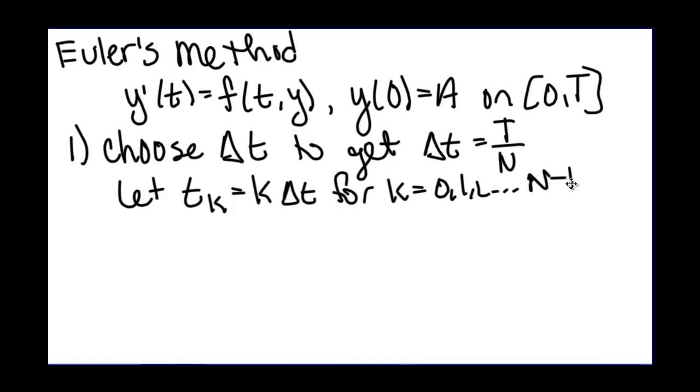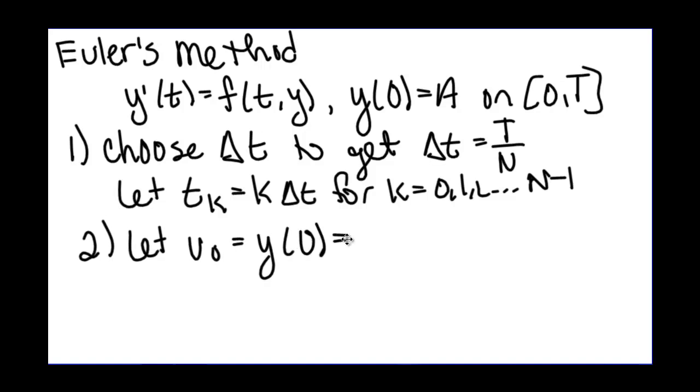So this k tells us which segment we're on. If we are in the first segment, k is 0, so we have t sub k equal to 0 times the change in t. Our second step is to let u naught equal y of 0, which is a. So that's our first y value.